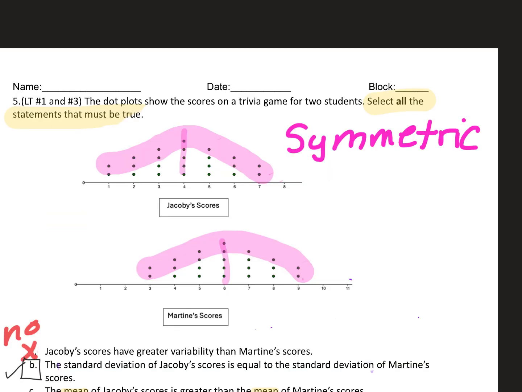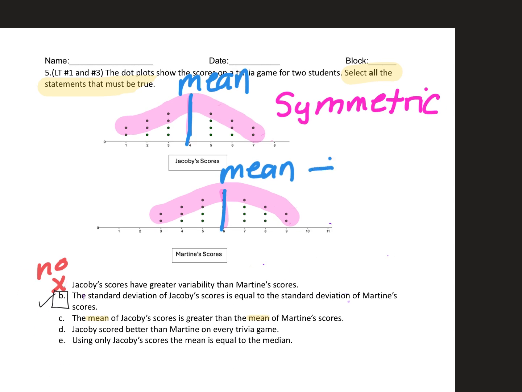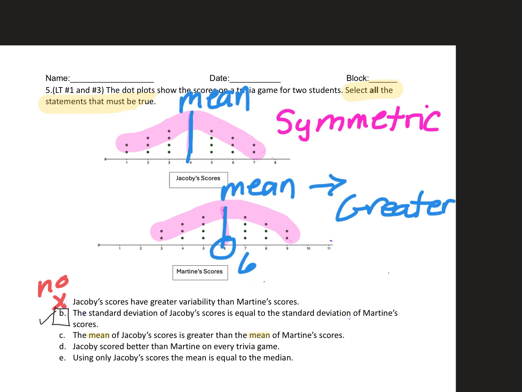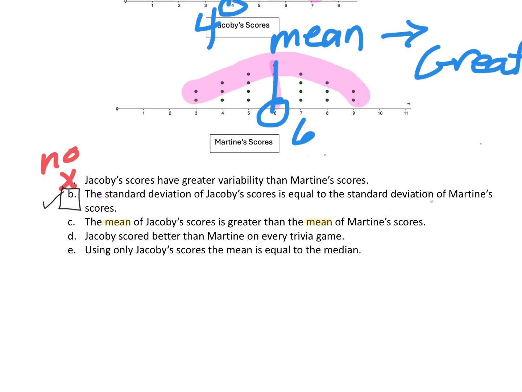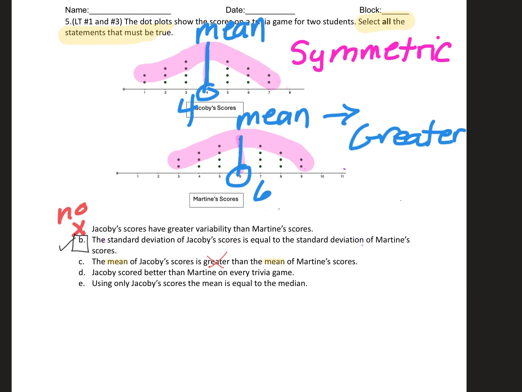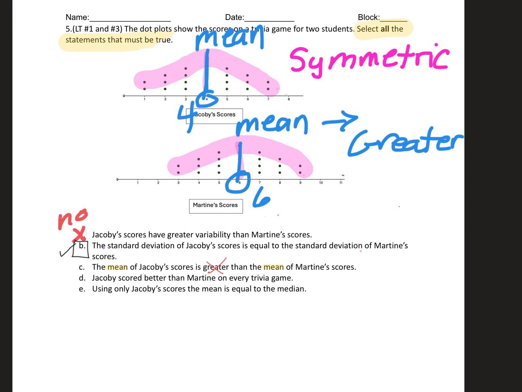And both data sets are symmetric, which means that the mean is typically going to be right here in the middle. So Martin's mean is greater because Martin's mean is 6, but Jacobi's mean is 4. So the mean of Jacobi scores is not greater than the mean of Martin scores. So this one is going to be a no.